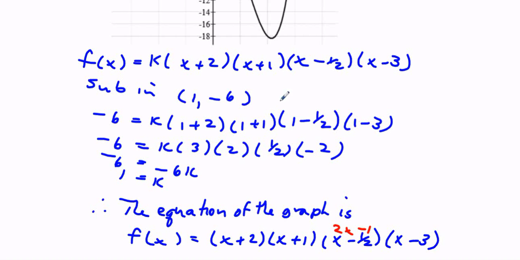If you wanted to, though, you could write the fraction zero as 2x minus 1 up here. And when you calculate then your k value, you're going to sub in, this is going to be 2x minus 1, so it's going to be 2 times 1, which is 2, minus 1, which is not a half, but 1. And when we calculate our k value, then we get 6 times 1 times negative 2, which is negative 12. And our k would be a half.